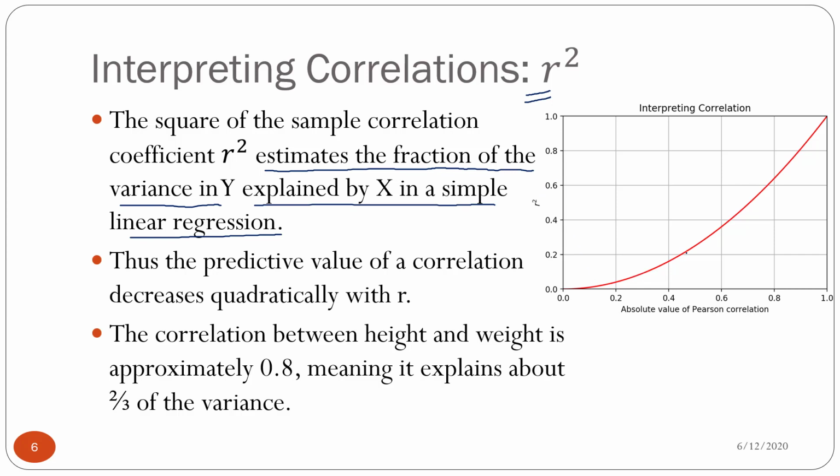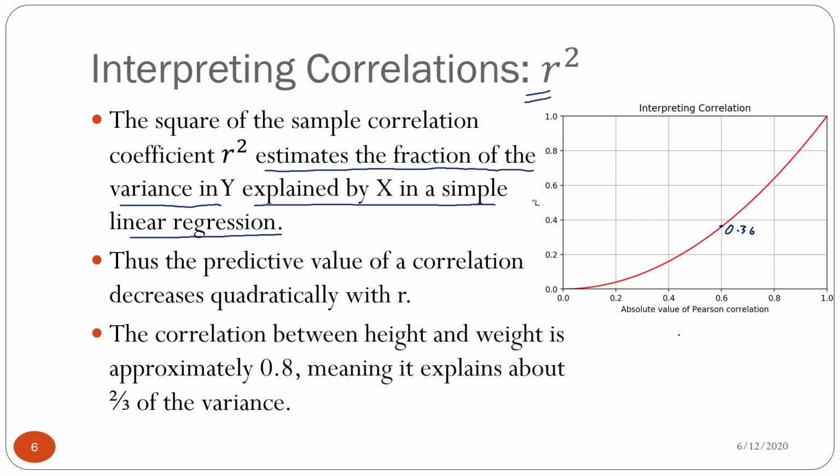If you pick any value like 0.6, then the corresponding value right here would be 0.36. That means 0.6 correlation coefficient will be telling about 36% of the variation in the value of Y. So the variance or the variation in the value of Y is what R square will predict when you are using linear regression. So this is important.